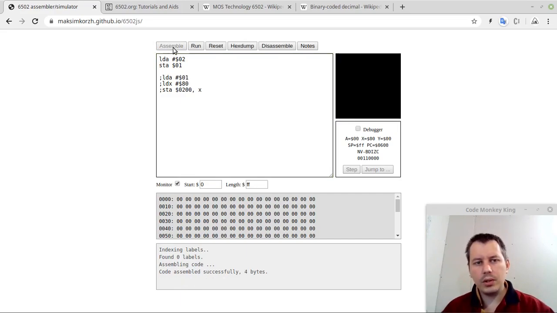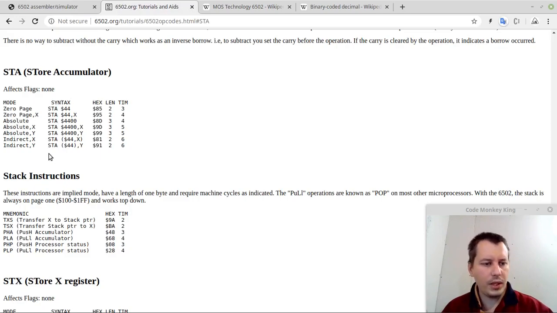So just assemble and let's run. So here we have this 02, right? And now if we want to use the indirect addressing, for X the syntax goes like this. This parenthesis tells us that we are in the indirect addressing mode.